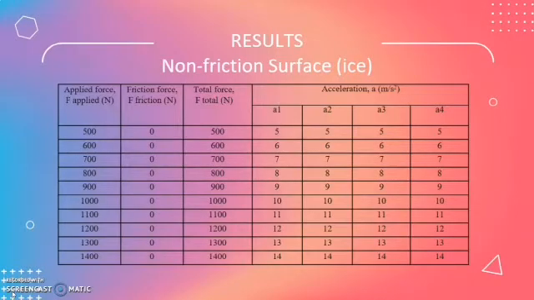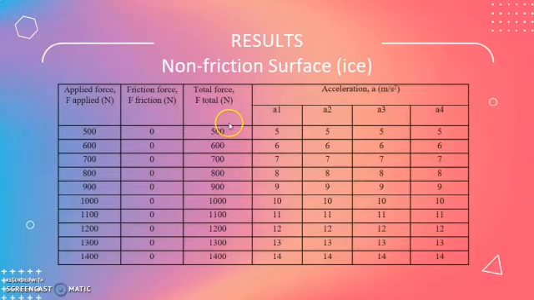Moving on to the results. For the non-friction surface, which is ice, we use an applied force of 500 Newton until 1400 Newton. As for the friction force, it is equal to 0 as ice does not have friction. So the total force is equal to the applied force, as you can see here in this table.